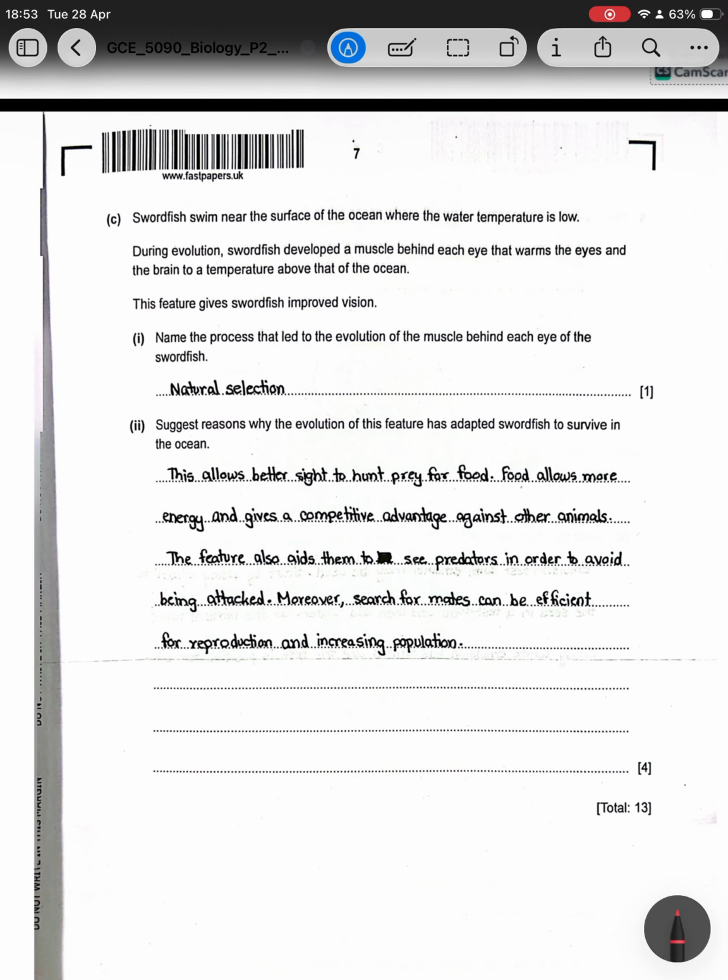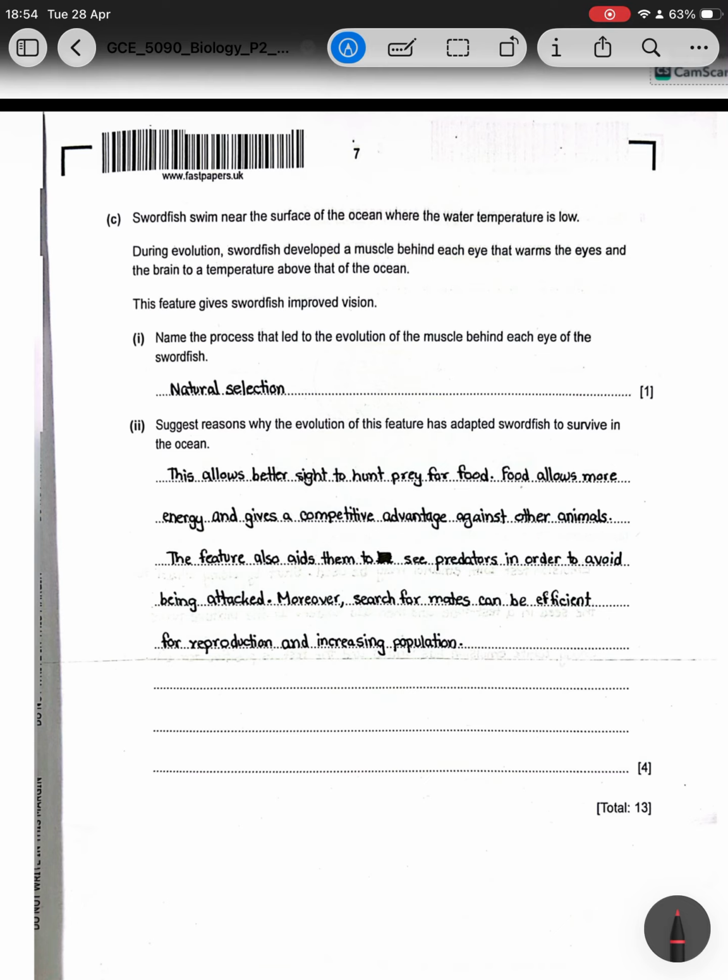Swordfish swim near the surface of the ocean where water temperature is low. During evolution, swordfish developed a muscle behind each eye that warms the eyes and the brain to a temperature above that of the ocean. This feature gives swordfish improved vision. So, C1, name the process that led to the evolution of the muscle behind each eye of the swordfish.